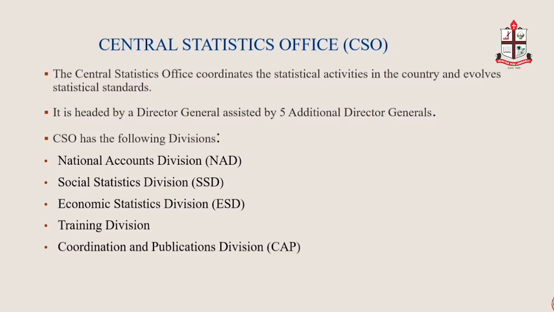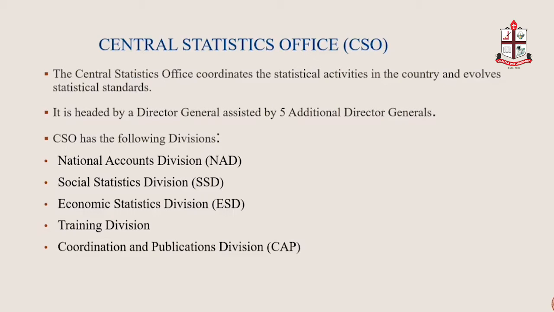The Central Statistics Office coordinates the statistical activities in the country and evolves statistical standards. It is headed by a Director General assisted by 5 Additional Director Generals.